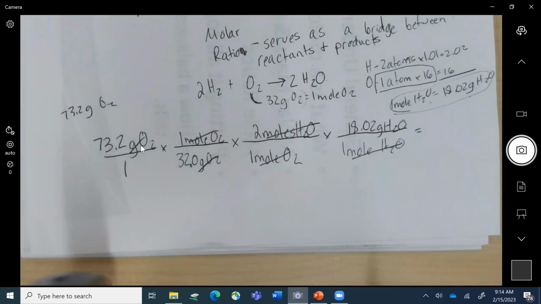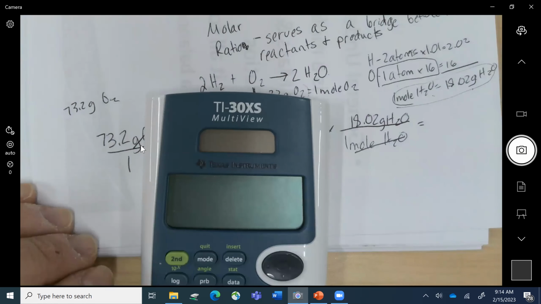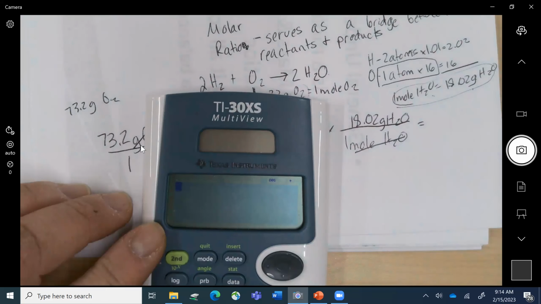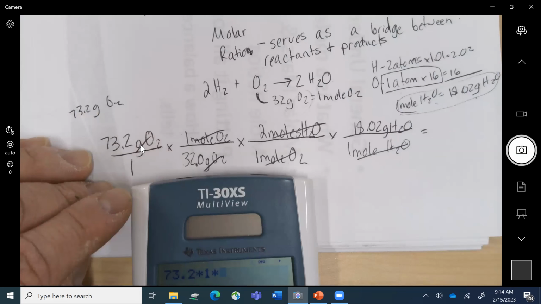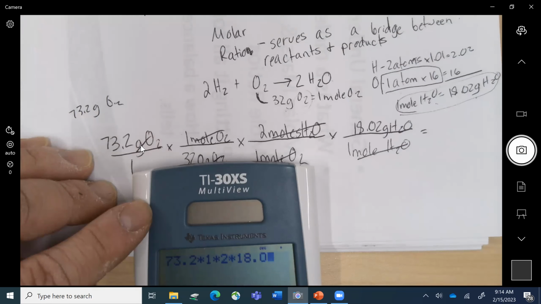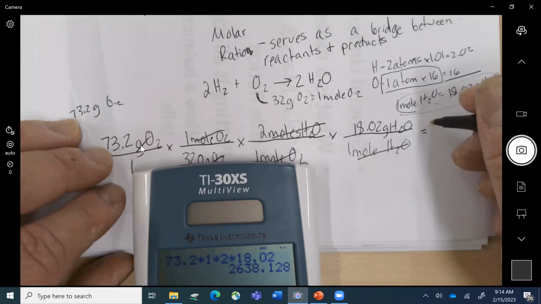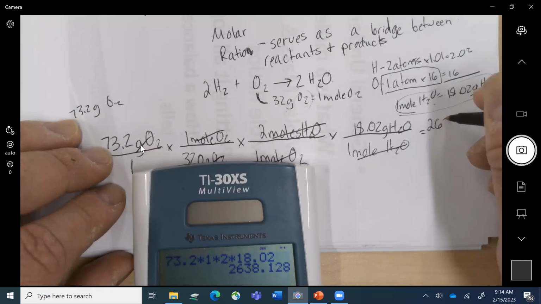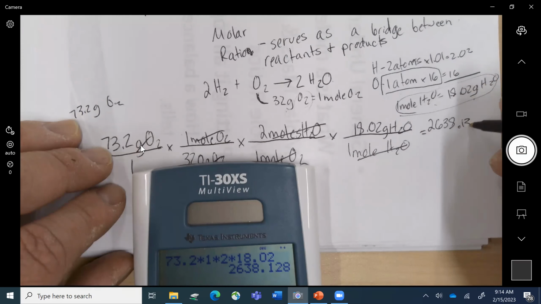I literally am going to go 73.2 times 1 times 2 times 18.02, which is up top here. We get 2638.13.